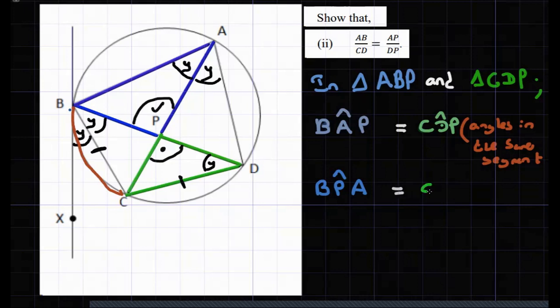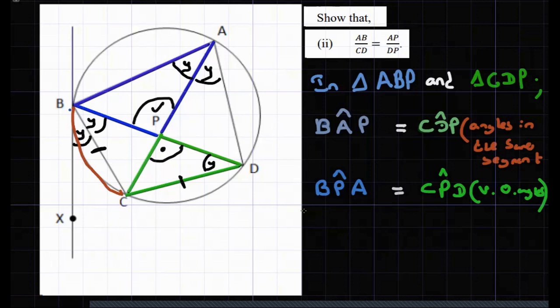CPD. Vertically opposite angles. Don't write shortened forms in the same way I'm writing. You have to write the entire word. Vertically opposite angles. All right. Okay. So now we have proven two pairs of angles are equal.